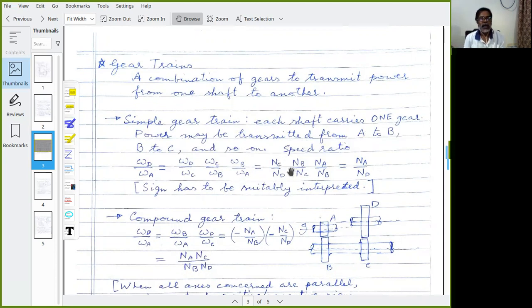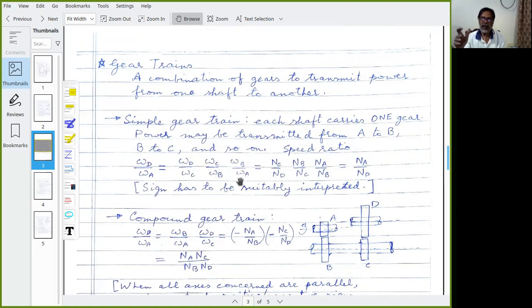In this case, calculating the speed ratio is very simple. Suppose you transmit from A to B, B to C, C to D, connected one after the other in a series. Then you want to find the output by input speed ratio, and that would be omega d by omega c, omega c by omega b, omega b by omega a.